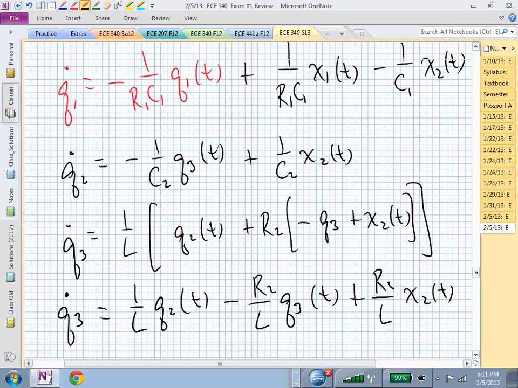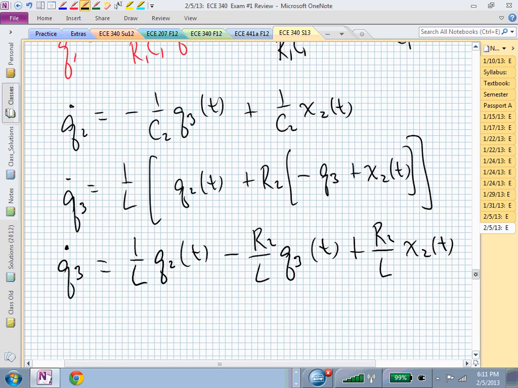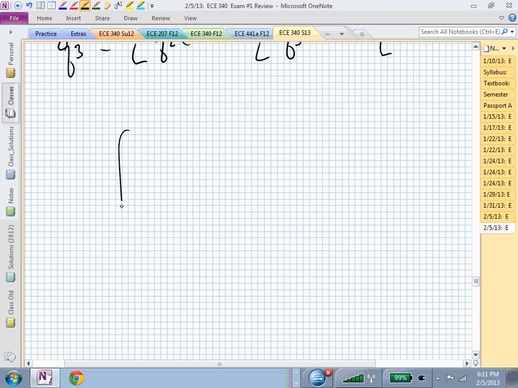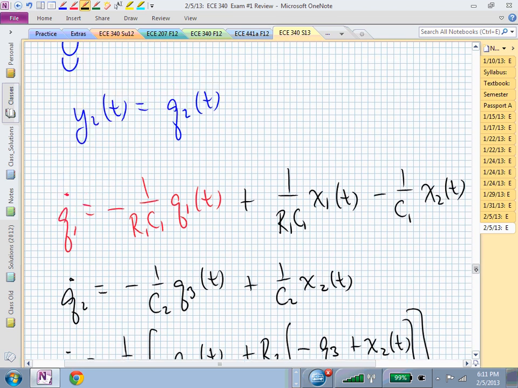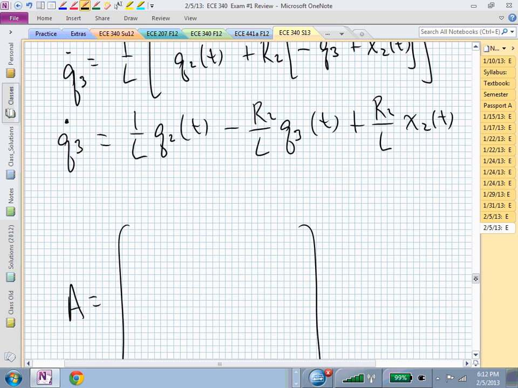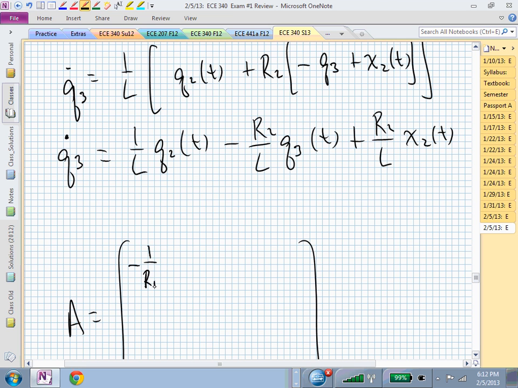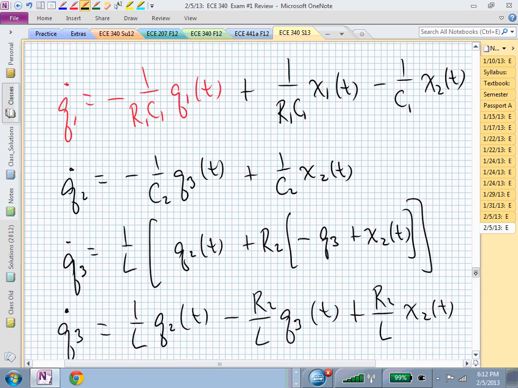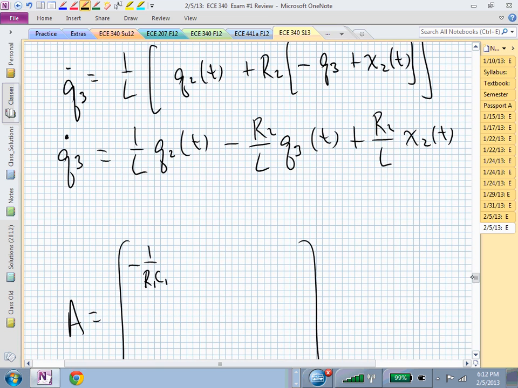And I can now put those into the matrices if I want. My A matrix, what's the size of my A matrix? It's 3 rows tall and 3 columns wide. So I now have a minus 1 over R1 C1 and 0, 0.